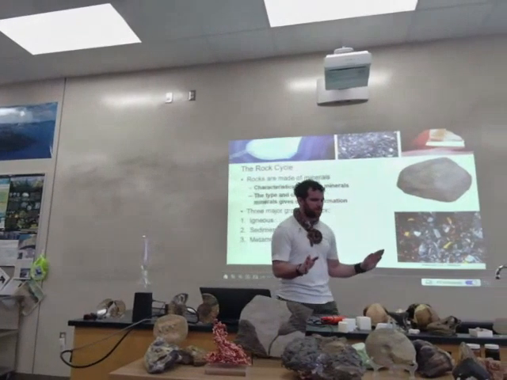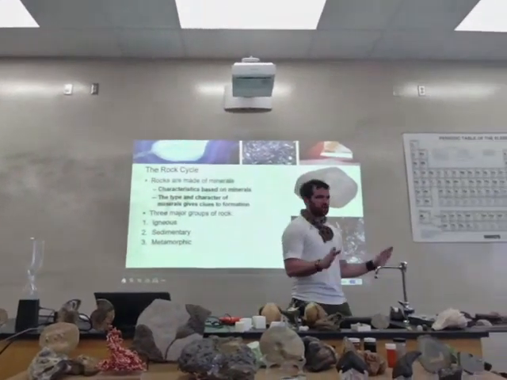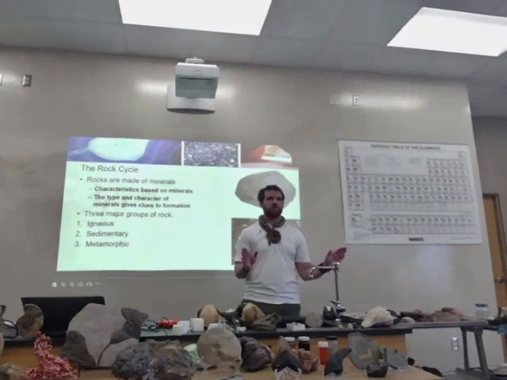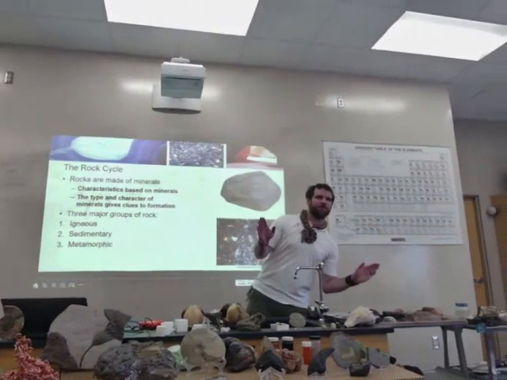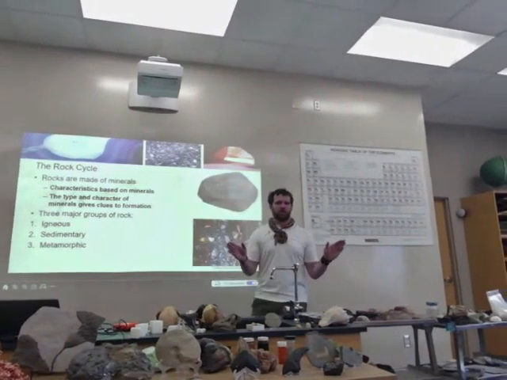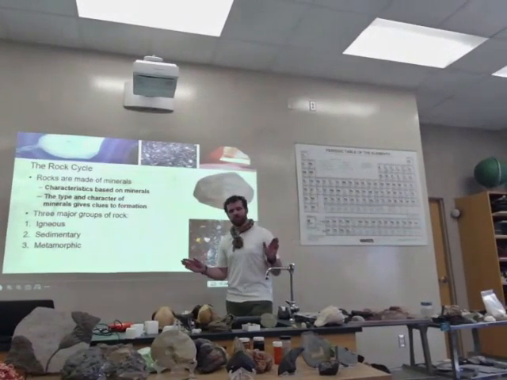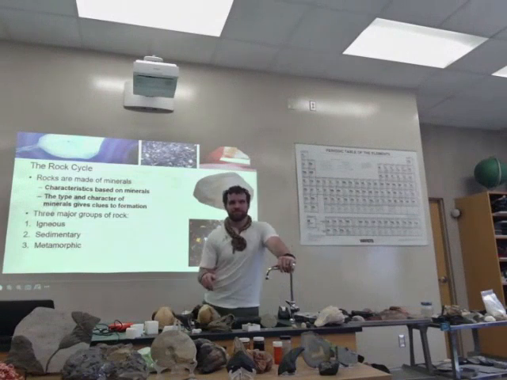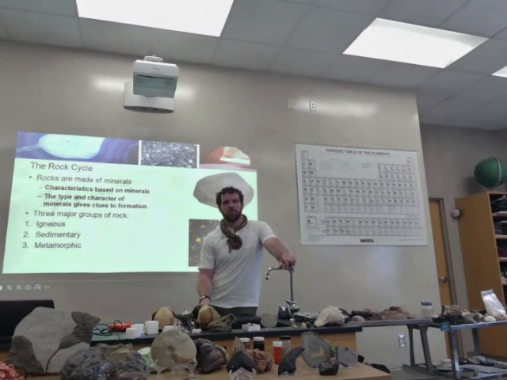Let me give you an example. If I wanted to make a chocolate chip cookie, who's my cook here? Is that Miriam? Okay. Miriam, if I wanted to make chocolate chip cookies, what are some things I would need? Chocolate chips, yeah. Butter.